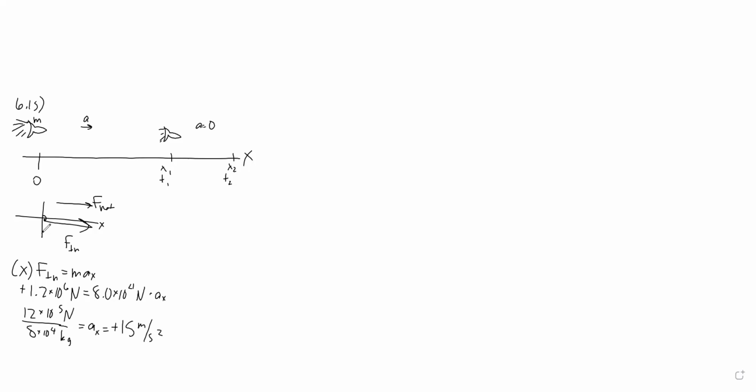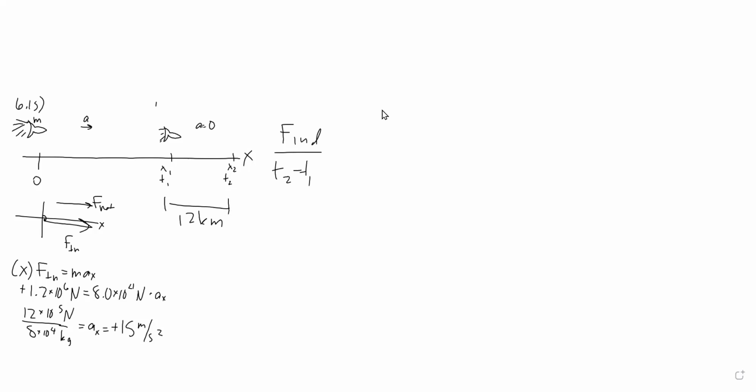And that's going to be for 20 seconds. So now, since we know that this displacement is 12 kilometers, what this problem was asking for was the time it takes. So what we're really trying to find in the notation is T2 minus T1.